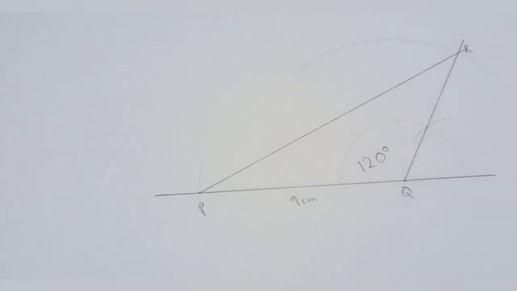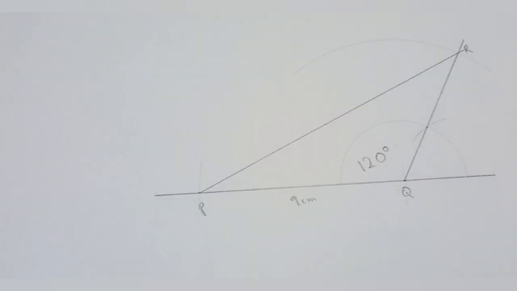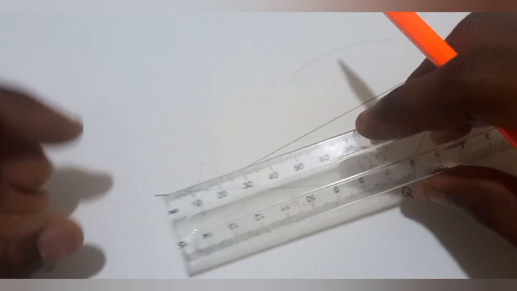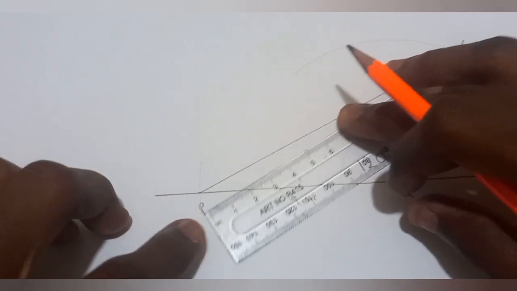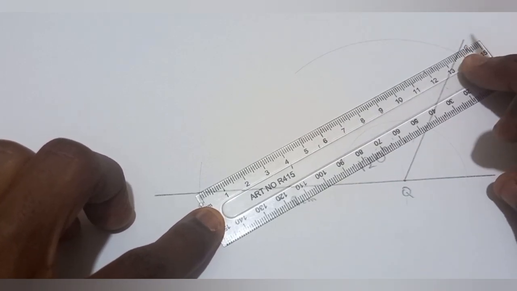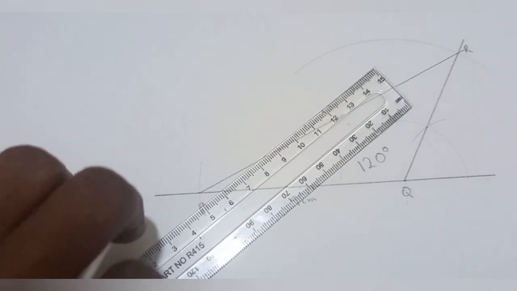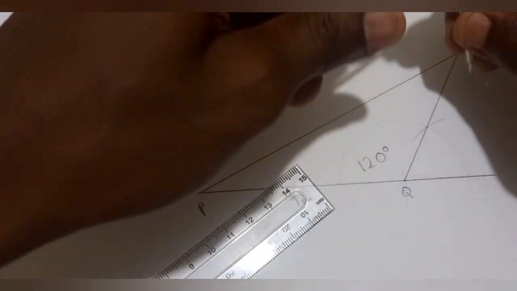So then you are told to measure the distance PR. So pick our rule, pick our compass.